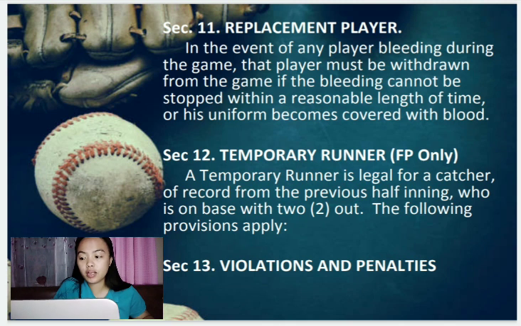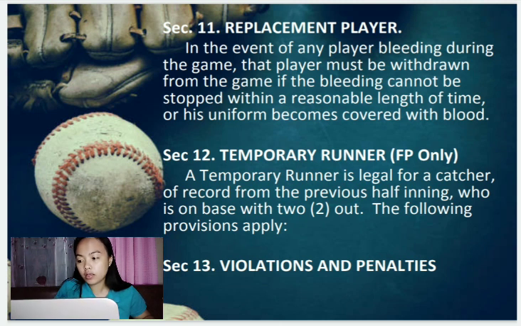So if the bleeding really cannot be stopped, the player is withdrawn, meaning removed from the game. A withdrawn player shall not return to the game. The injury must be cleaned and covered, and if necessary, his uniform replaced.